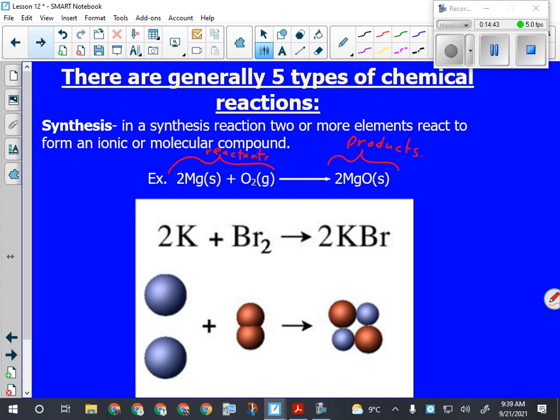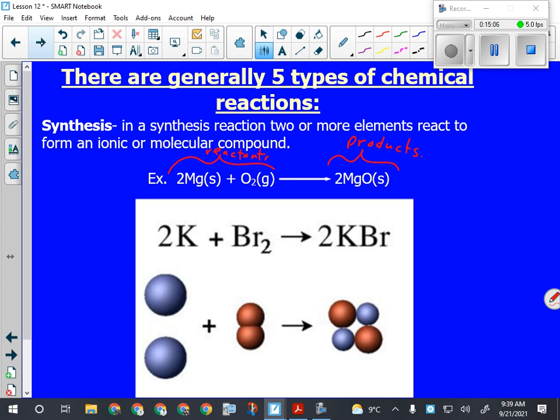Another example: we've got 2 atoms of potassium reacting with 1 molecule of bromine. How is this different? I've got 2 potassiums and 2 bromines, but they look different here. This one's got a big 2 in front of the K. This one's got a little 2 behind the Br. In the end, it still means 2 atoms of each one.